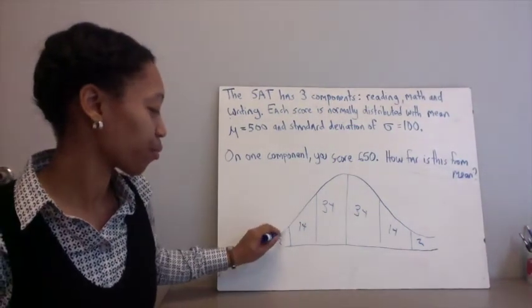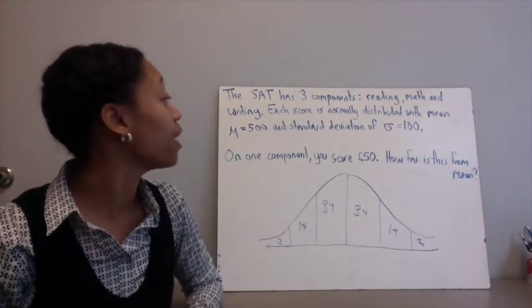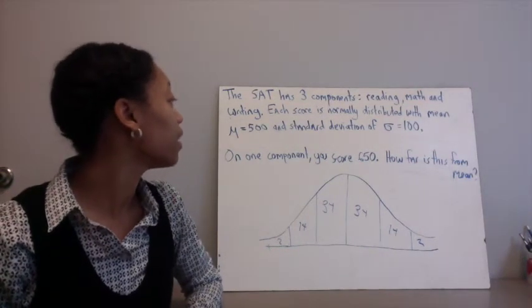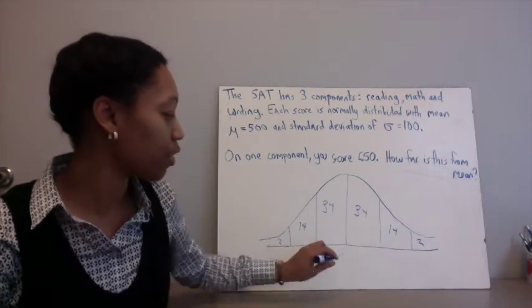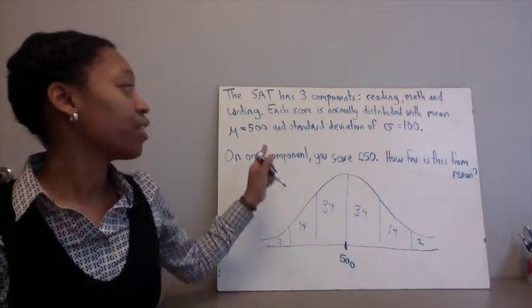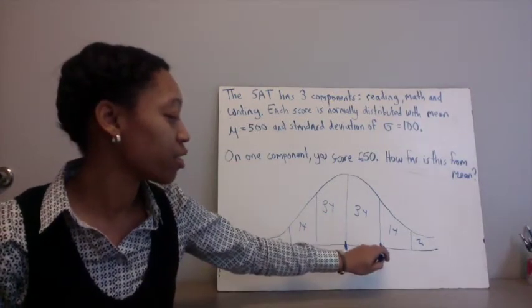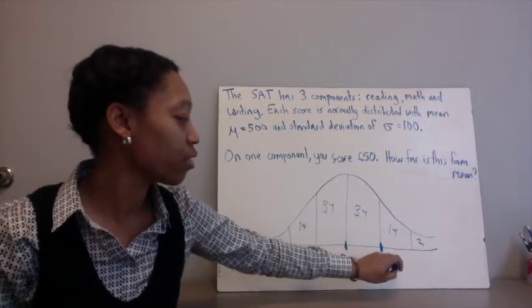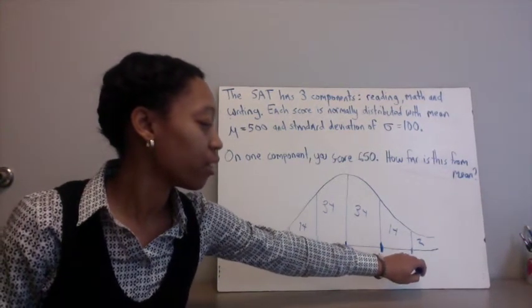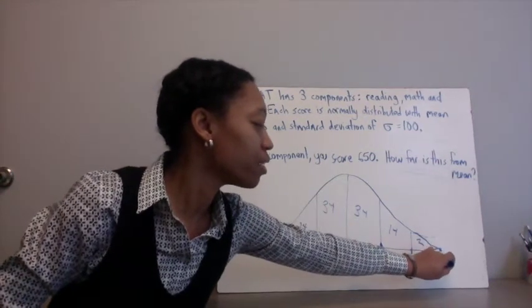Symmetrical. They tell us that the mean is 500, so that means that 500 goes here. If the standard deviation was 100, then we're counting by 100s. So this is going to be 600, 700, and all of the scores are covered by the time we get to 800.